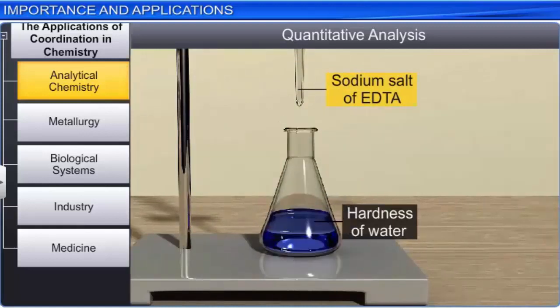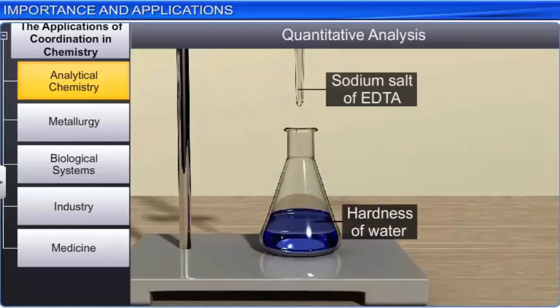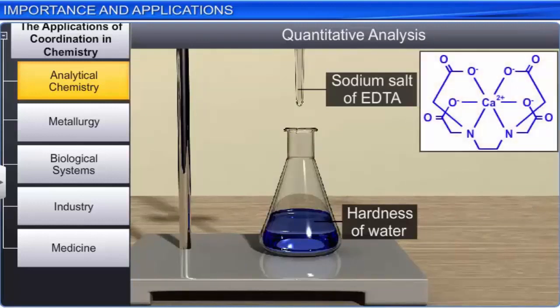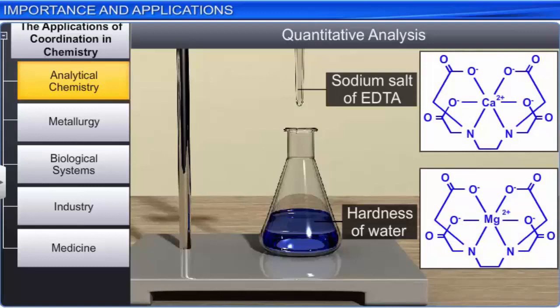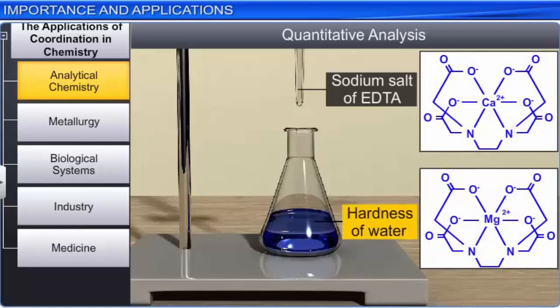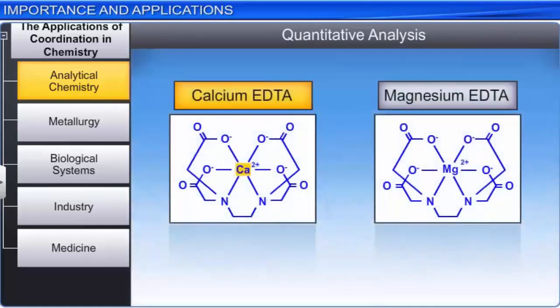During titration, the calcium and magnesium ions in hard water form the stable complexes calcium EDTA and magnesium EDTA. These ions can be selectively estimated due to the difference in the stability constants of calcium and magnesium EDTA complexes.